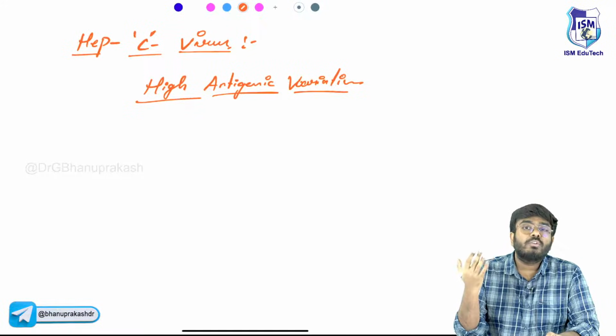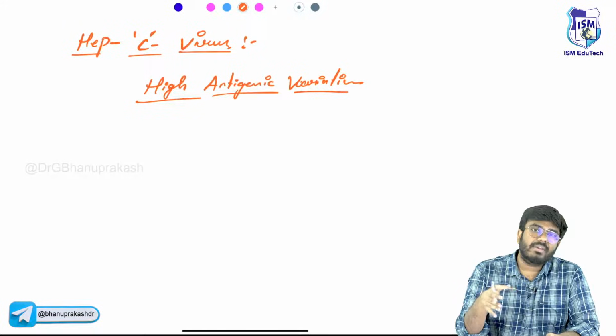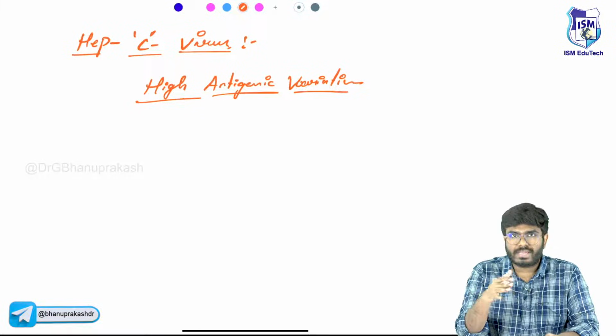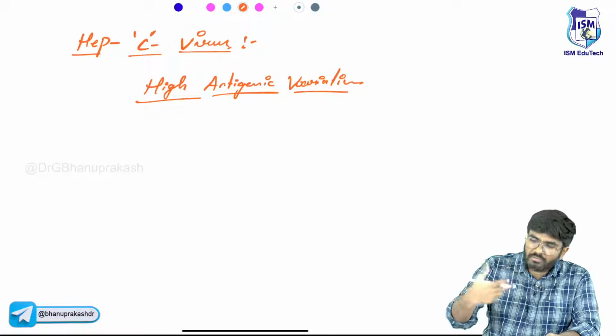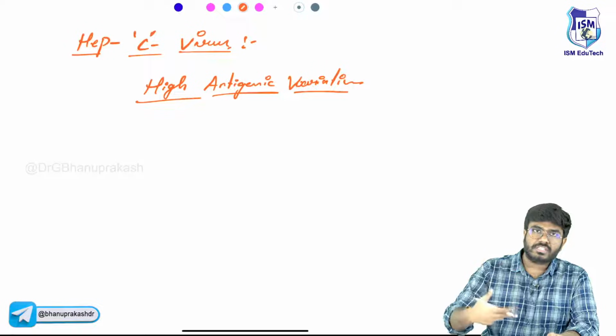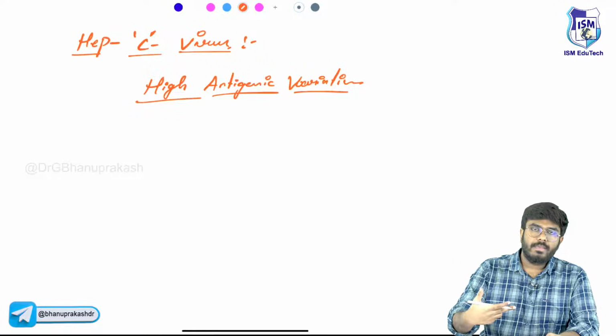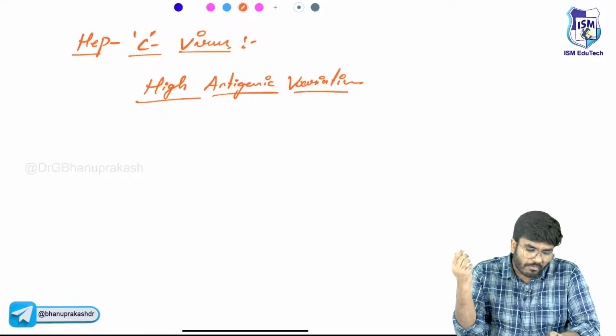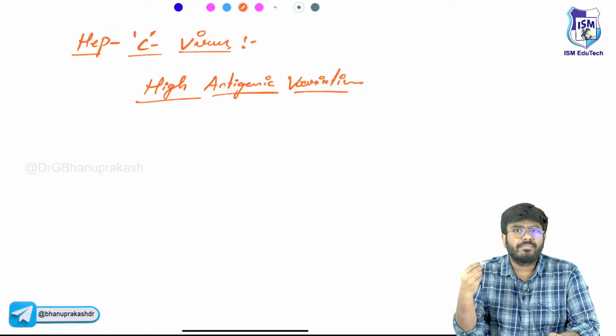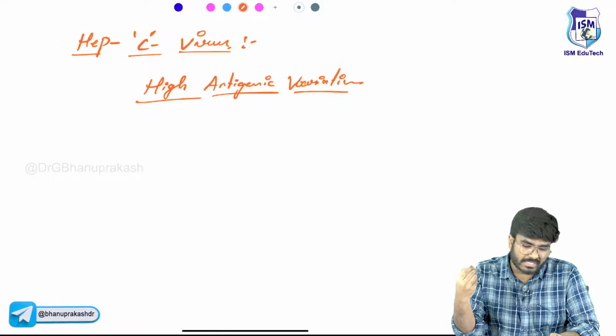So it's hard to make a vaccine for hepatitis C. There is no vaccine for hepatitis C because it's always evolving, always undergoing mutations. This virus is highly prone to mutations.